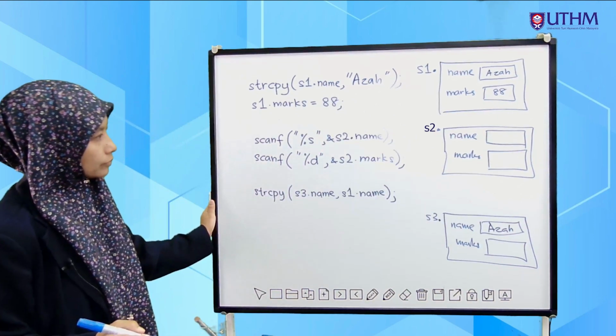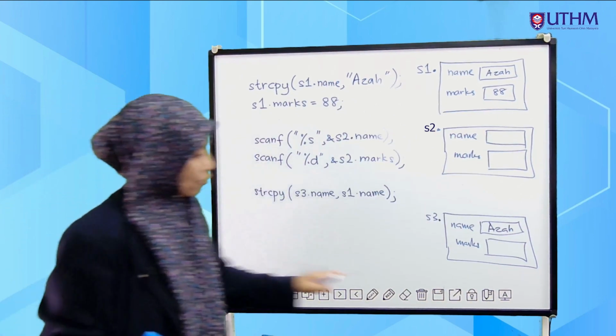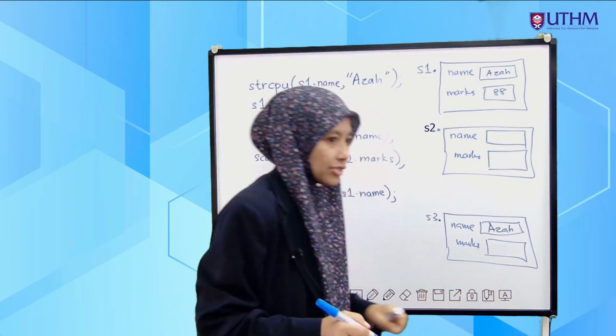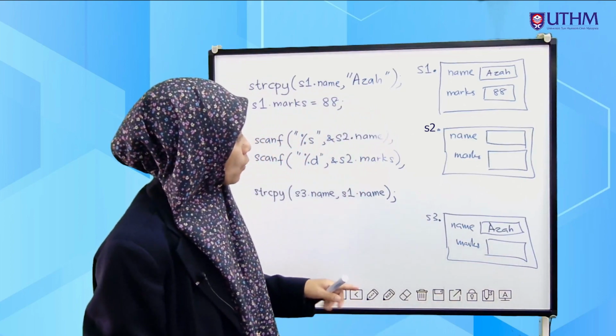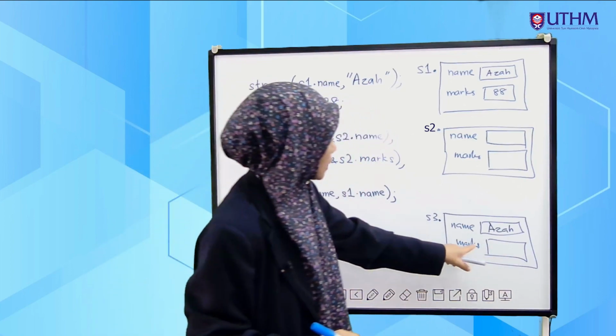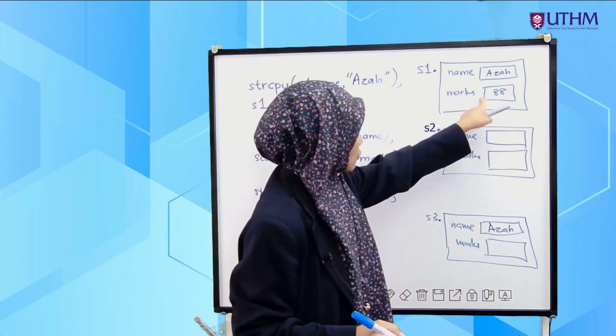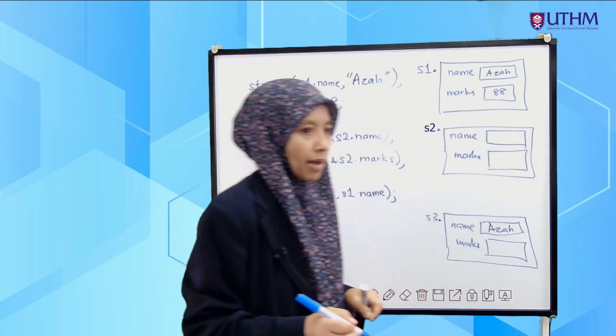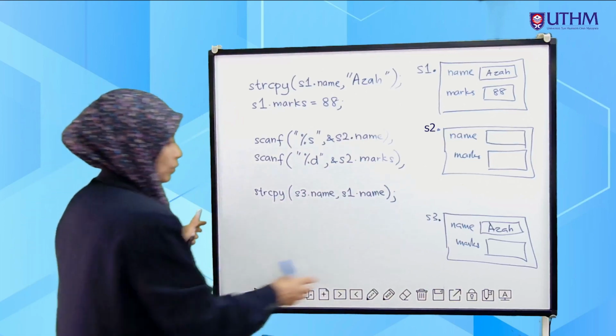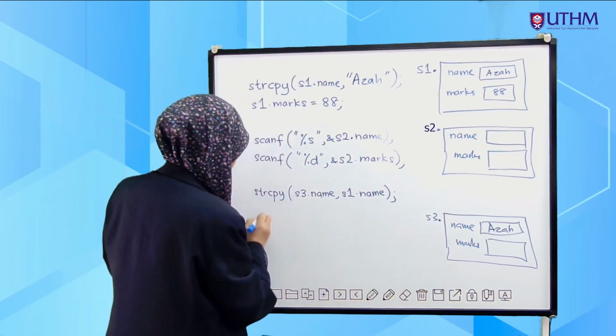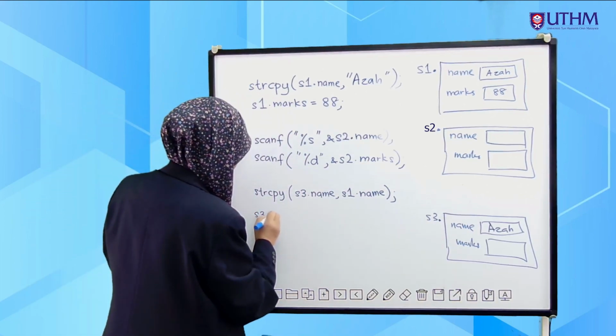So here you are going to have Azah. Now, let's say for the marks in S3, I want to have the total of S1.marks and S2.marks. What should I do? The destination is S3.marks.